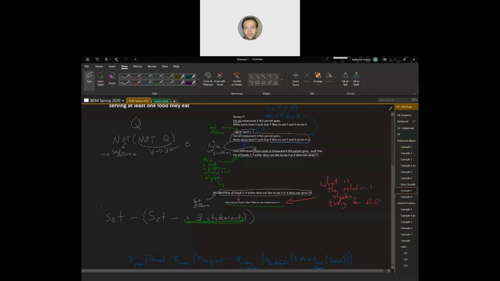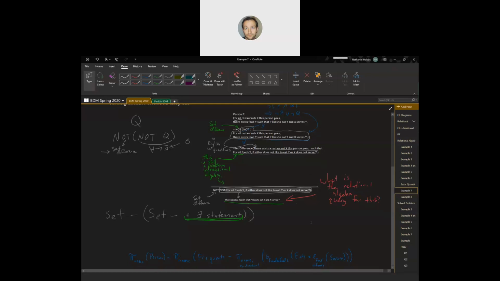So the overall type of thing that we're working through here is two set differences. These are both due to these outer knots, and separating from that a there exists statement, which is where we end up with flipping this innermost for all to a there exists.